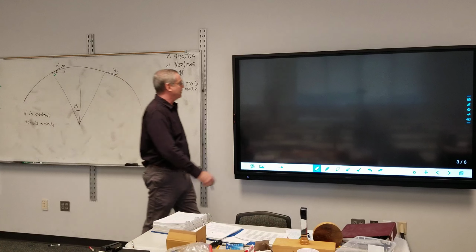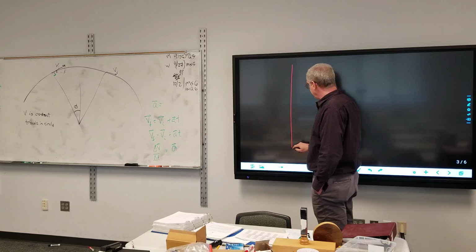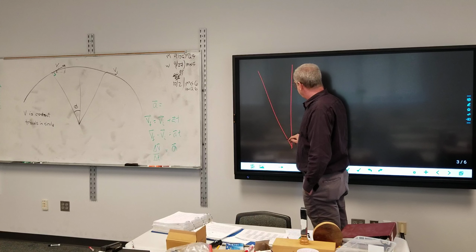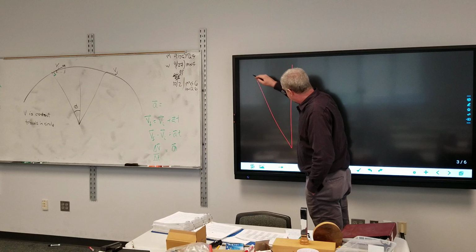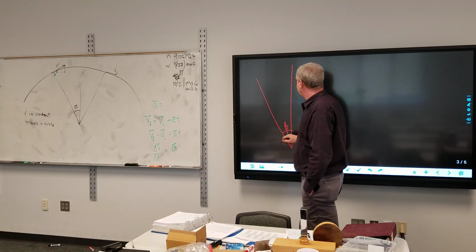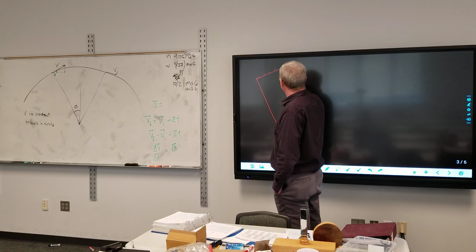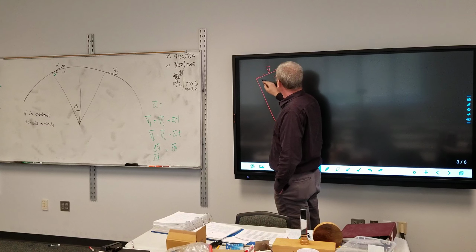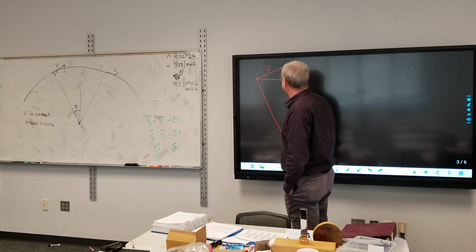Geometry. So I've got some central line there. So that's phi. That's the direction of velocity there. And I'm trying to find that angle right there.